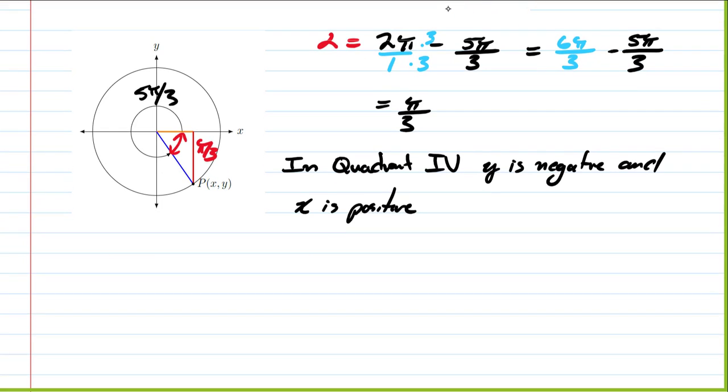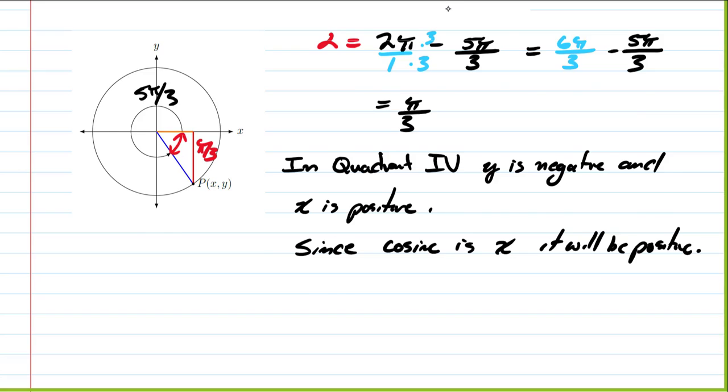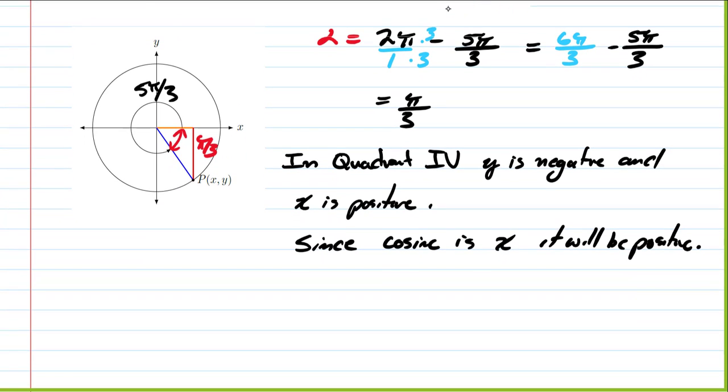So since cosine is x, it will be positive. So then we've got our triangle down here. And our reference angle is pi over 3.